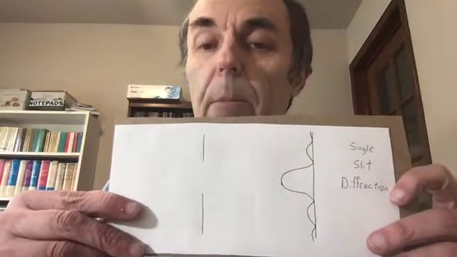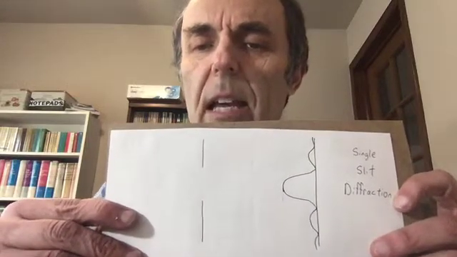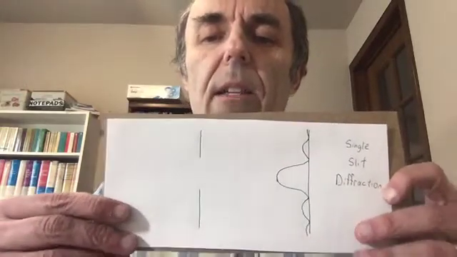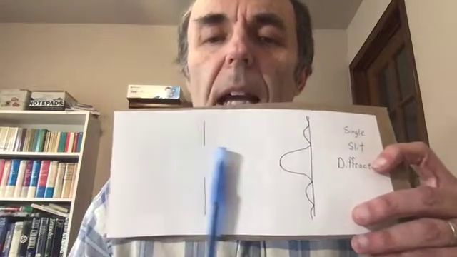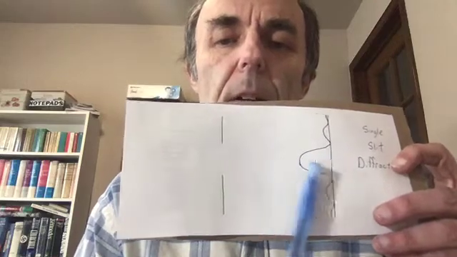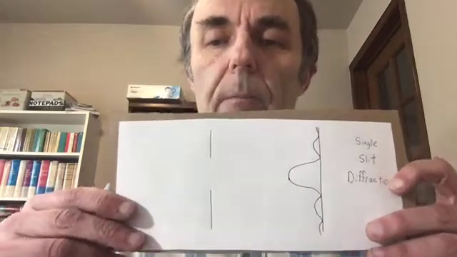So you get on both sides a large central maximum and fringes along the edge that fall off with distance. And that is the classic single slit diffraction pattern. And then if you remember Young's experiment, we had superimposed on that a much more rapidly changing interference fringes from the two slit interference pattern.